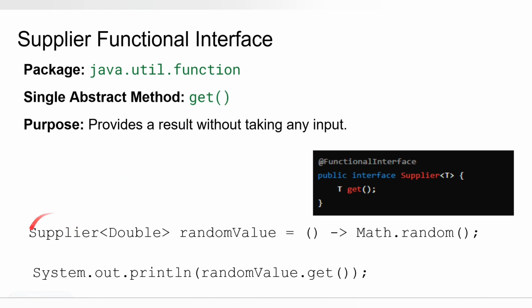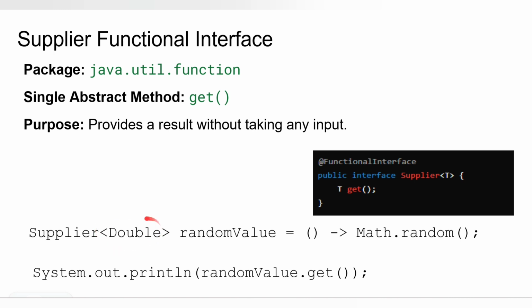Here you could see one example of supplier interface. So this is a functional interface from java.util.function package. And here we are providing the data type of the output. Basically, we don't need to pass anything, right? Here you could see with the get method, we are not passing anything. So here we are not accepting anything as well.